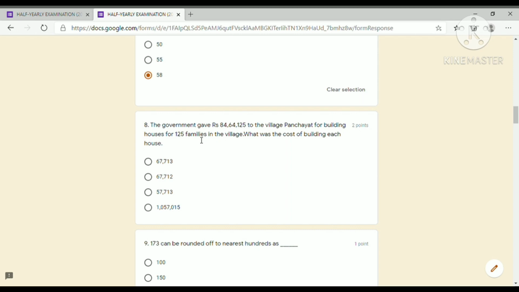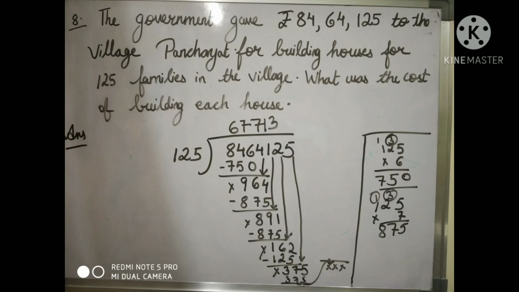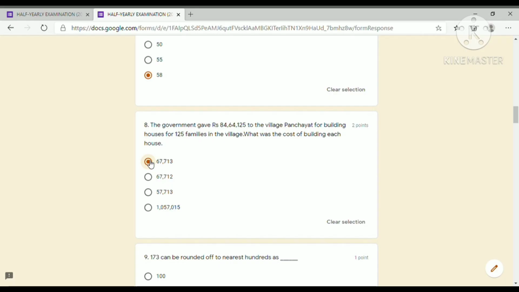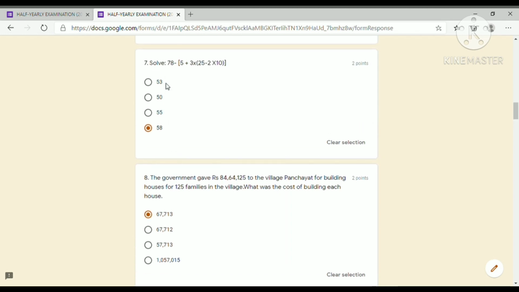Okay, see, simply here what we have to do is divide this 84 lakh 64,125 by 125, and when we divided, what answer would we be getting? We would be getting 67,730. Okay. Now next move on to the next question.